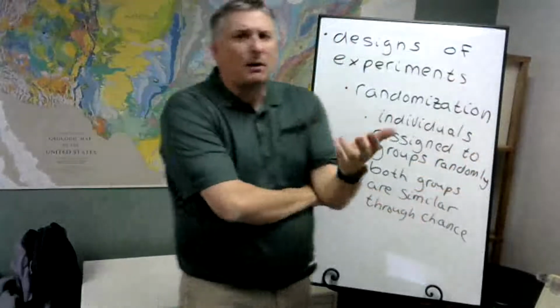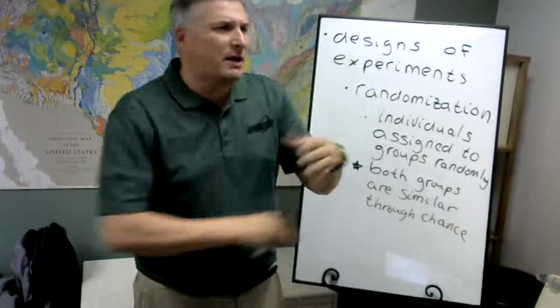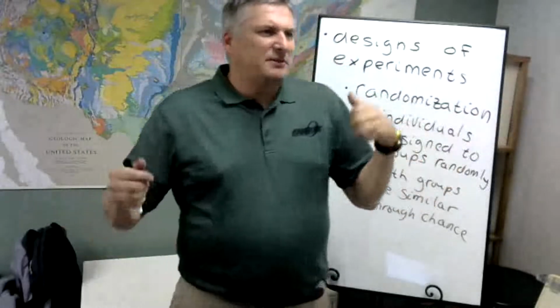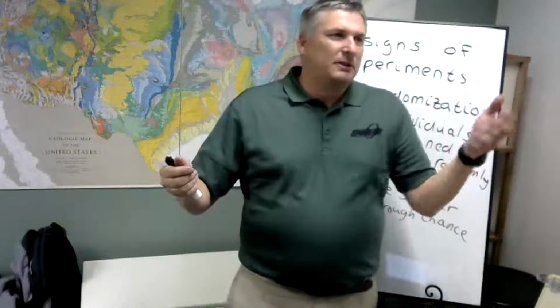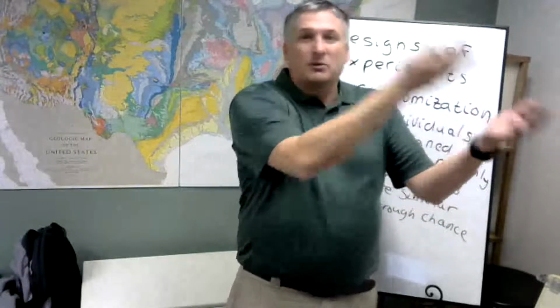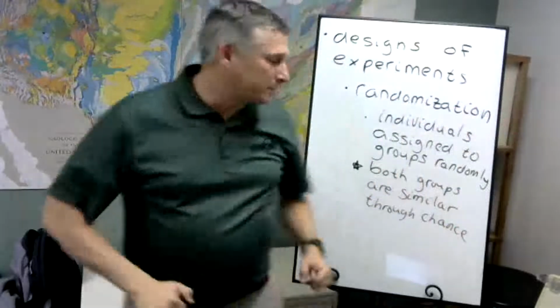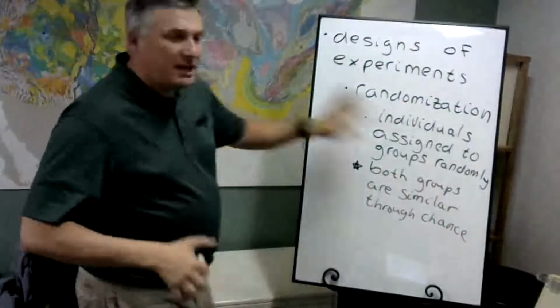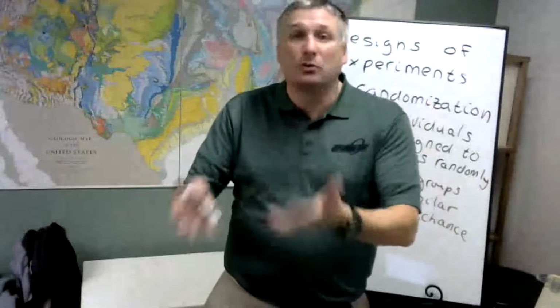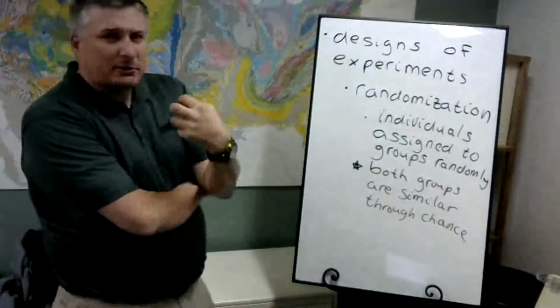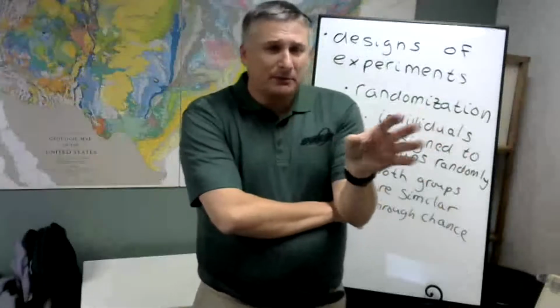So you want to mix this up. You want to make sure everyone's mixed up. You have two groups that are pretty much the same. Roughly the same numbers of physically fit people, the same numbers of people who aren't doing that kind of training in both your treatment group and your placebo group. And then test your treatment, then administer your placebos. So you want to do this randomly. You pick people, you assign them randomly.